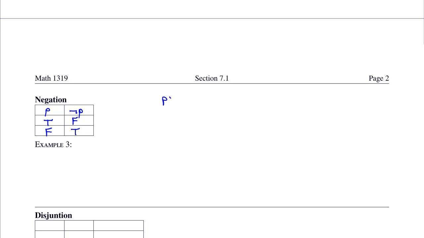Let's start with P, the proposition that Odie is a dog. In English, what is the proposition not P? Odie is not a dog.